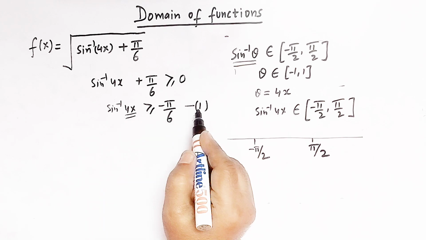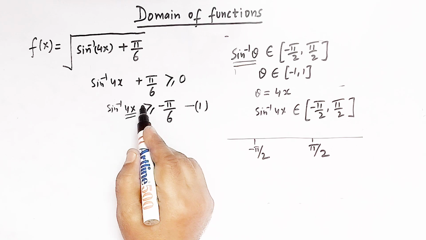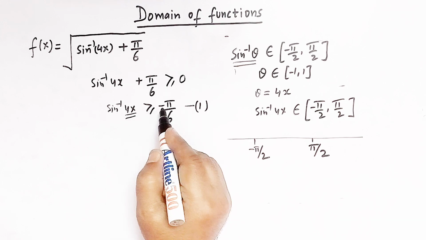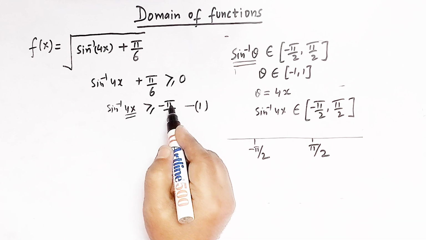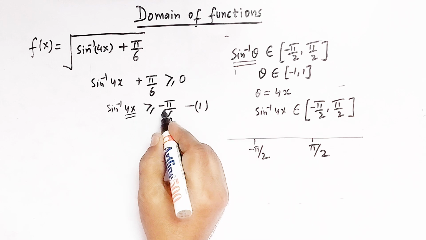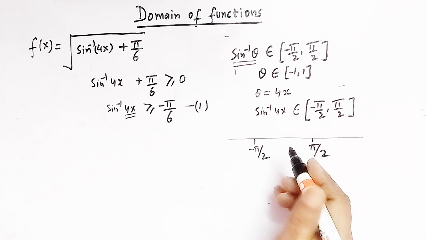Now see, from this inequality, sine inverse 4x should be greater than or equal to minus pi by 6, right? So here it is an important point to note that minus pi by 6 lies between minus pi by 2 and pi by 2.